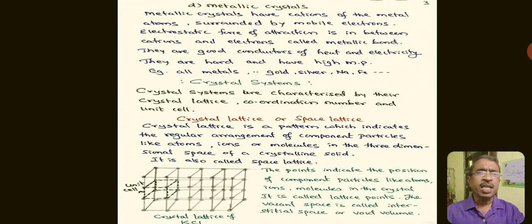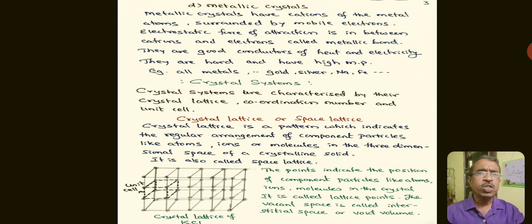Crystal lattice is a pattern which indicates the regular arrangement of component particles like atoms, ions or molecules in the three-dimensional space of a crystalline solid. It is also called a space lattice.